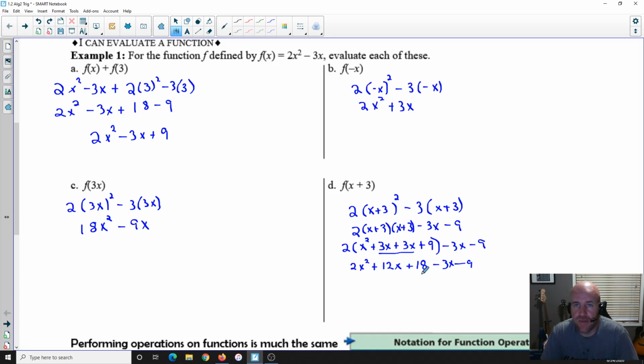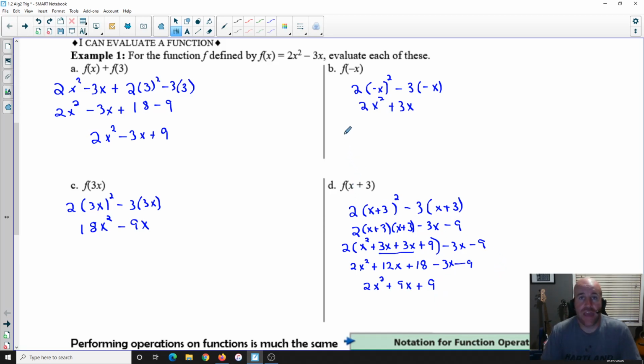So now we can combine like terms and simplify and be done. So there's only one squared term. 12x minus 3x, that would give us a positive 9x. And then 18 minus 9, that'd be a positive 9.